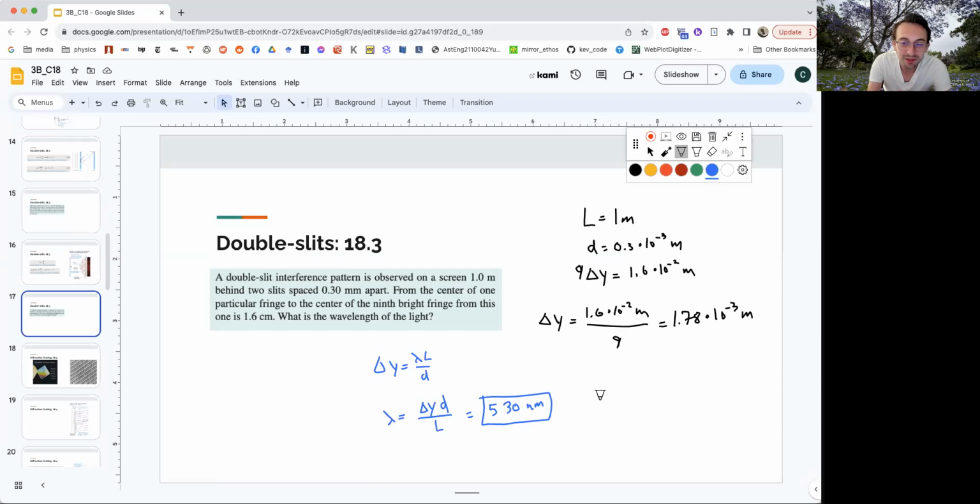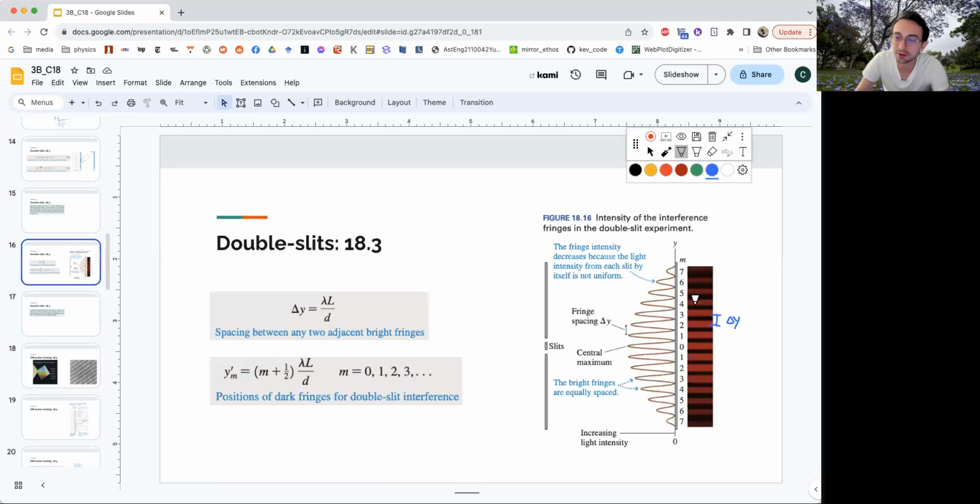And you can see the beauty of this delta Y formula is that in reality, when you're looking at one of these images on the wall, it can be hard to tell which one is the center one. Just practically speaking, it's hard if it's not labeled.